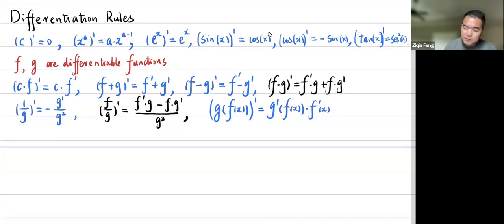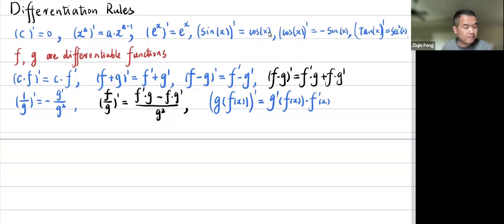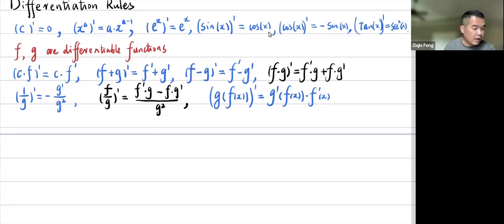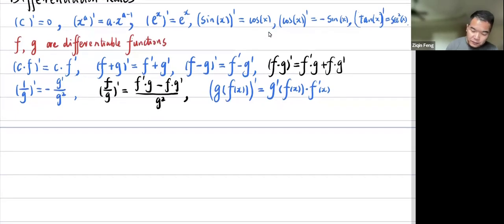So we can apply the chain rule to some specific outer functions. For example, if you want to differentiate g of x to the power a, prime, right?